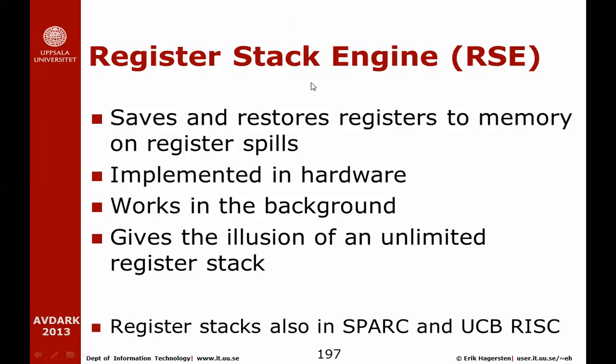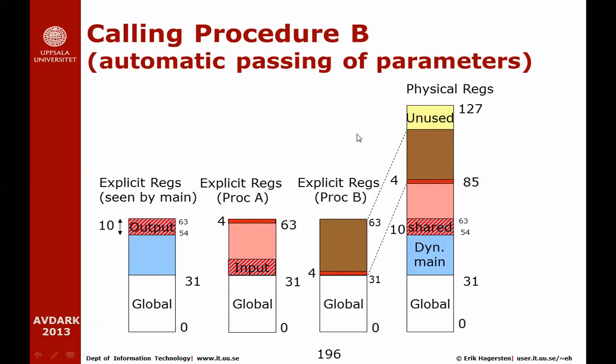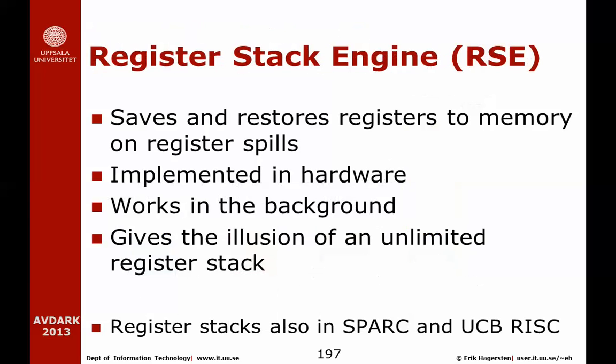Of course, in the previous example, if you have a deep series of procedures calling procedures, you will eventually run out of physical registers. To make that event a little smoother, there is what's called the register stack engine, implemented in hardware, that saves and restores registers from the register file.